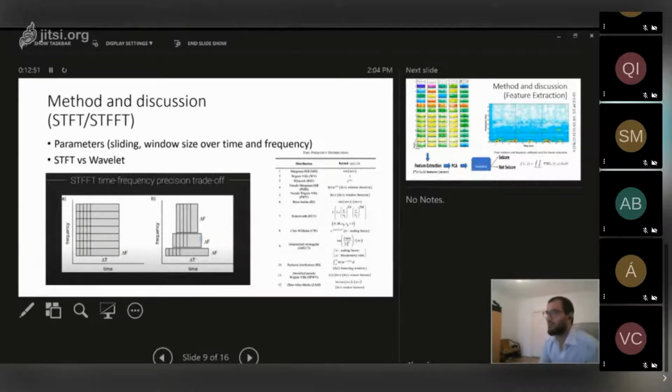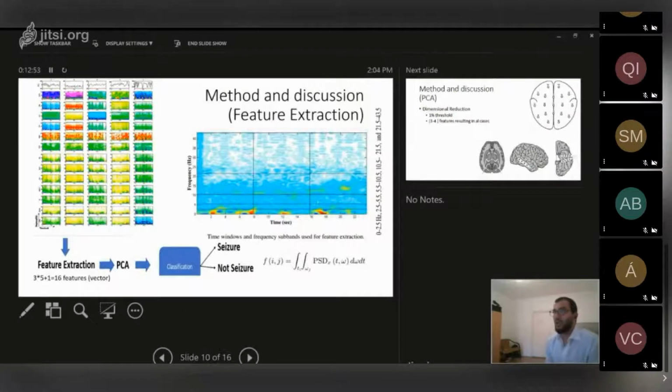So here at the top left side, in the first row, you can see the EEG segment, and then the short time Fourier transform spectrogram of that signal, and the rest of them are 12 other methods applied to the signal, and then you can extract features and do the rest of the steps.